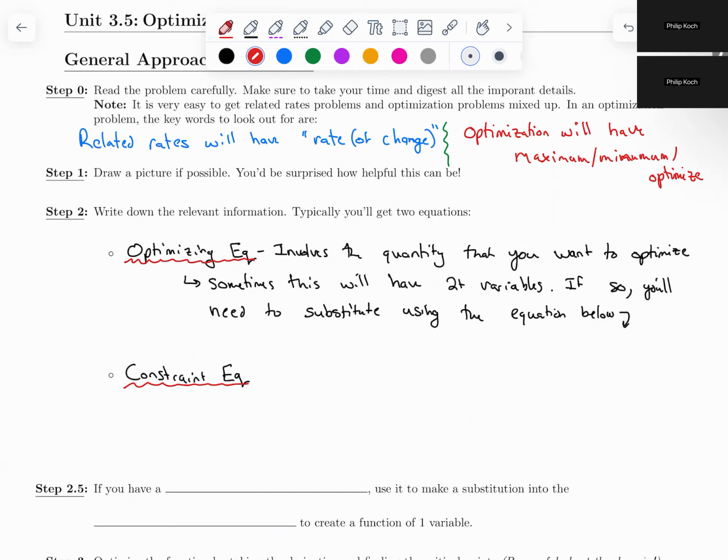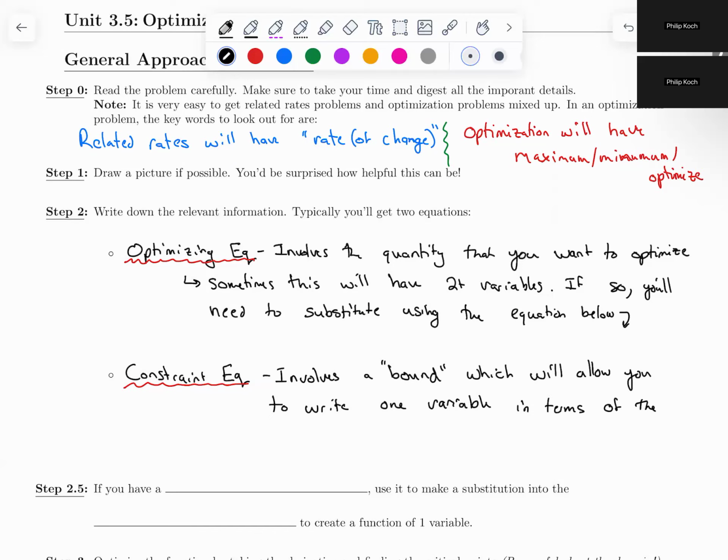And a constraint, by definition, is a bound. It's a stopping point. It's something that's preventing you from doing something. So a constraint equation involves a bound of some sort. This involves a bound, quote unquote, which will allow you to write one variable in terms of the others, for substitution purposes.